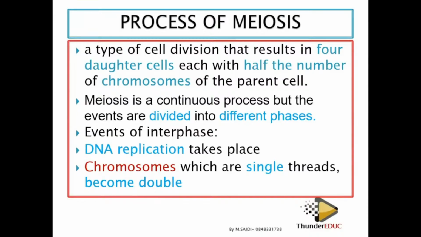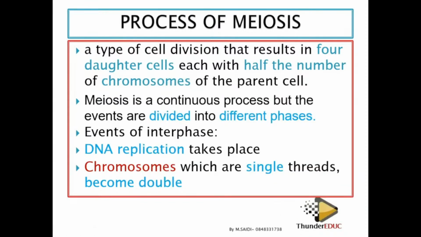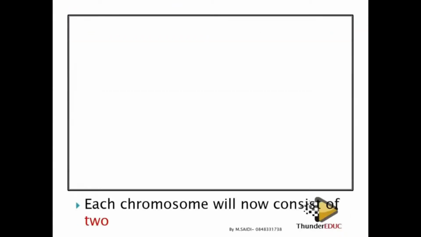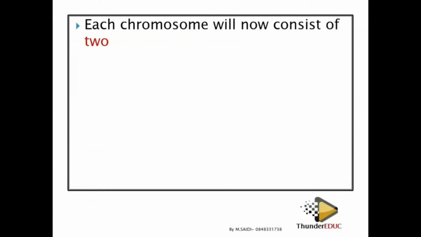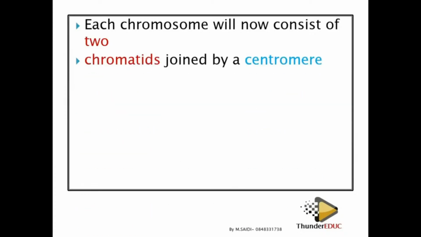So when the chromosome has one thread, we call it an unreplicated chromosome, or single-stranded chromosome. But when it becomes double, as you see it here, it becomes what is called the replicated chromosome or double-stranded chromosome. So each chromosome will consist of 2 chromatids joined together by a centromere.